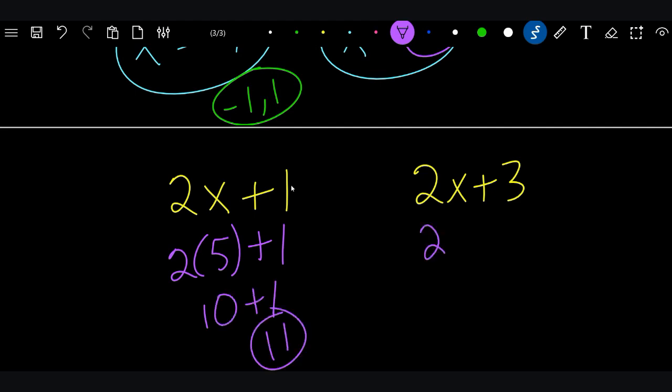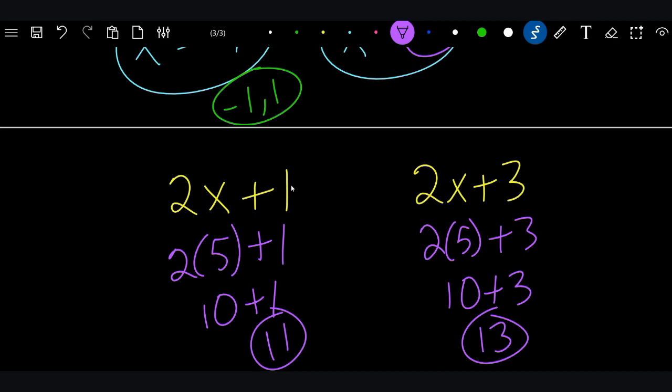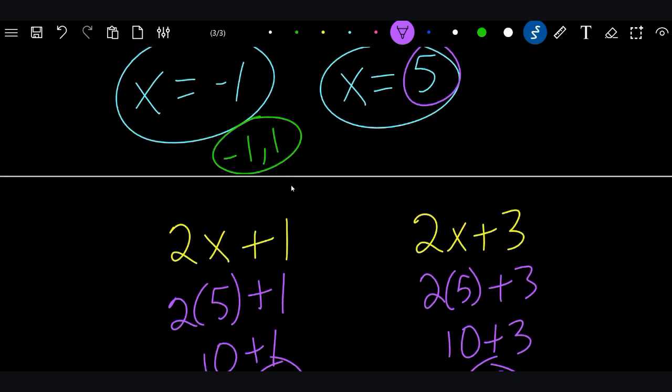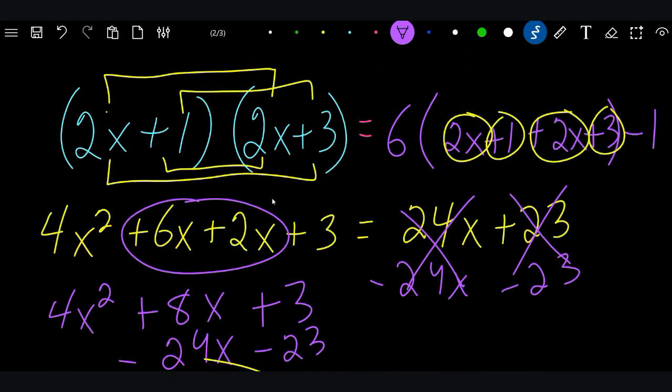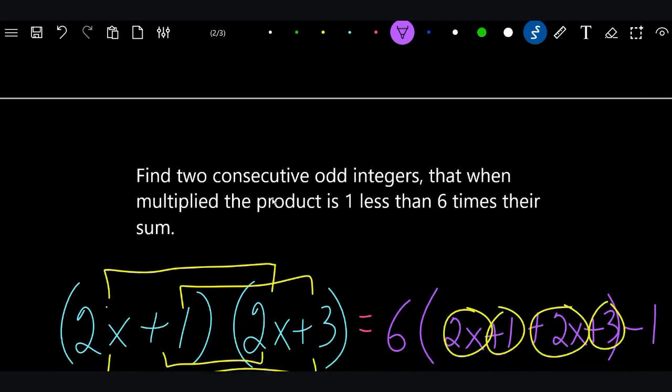And then we would also do 2 times 5 plus 3, or 10 plus 3, which is 13. So there's our other solution. The 5 actually yields 11 and 13. So there are two solutions to this one. -1 and 1, and 11 and 13 would be the two consecutive odd integers that when multiplied, the product is 1 less than 6 times their sum.